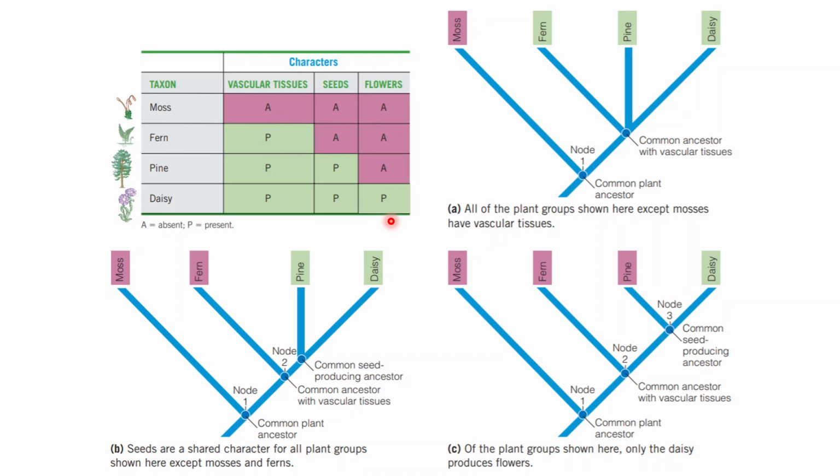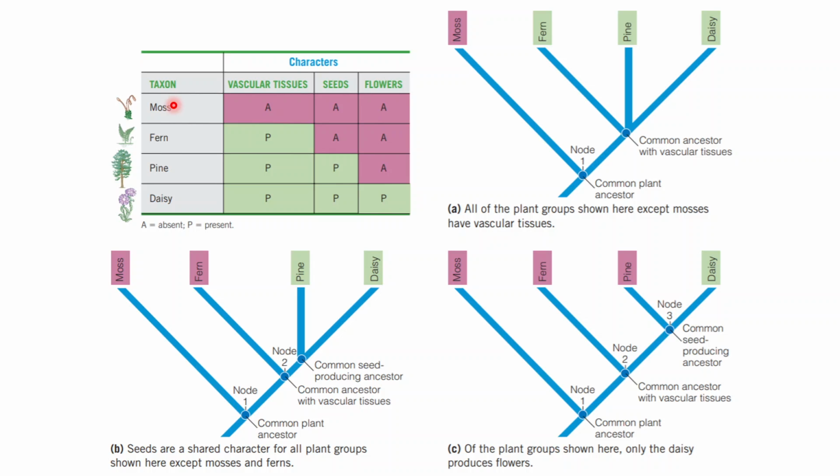The first step in constructing a cladogram is to select the groups. Here we use 4 plant groups: moss, fern, pine, and daisy. The next step is to select the homologous characters to be analyzed.